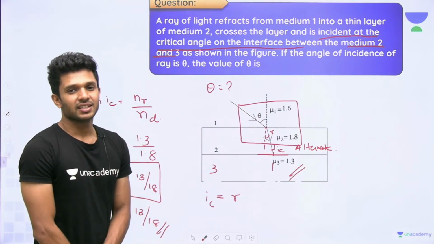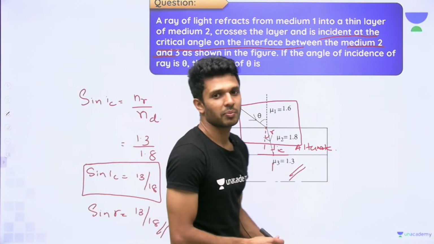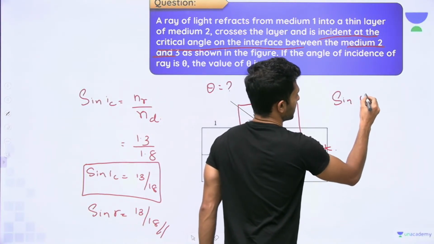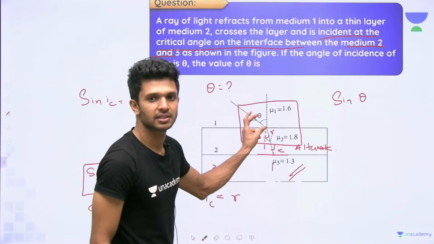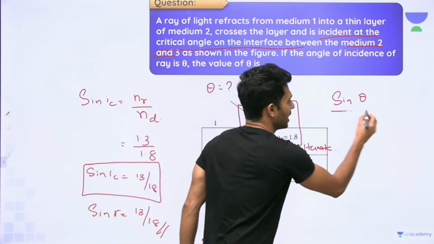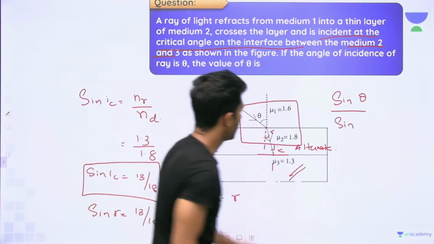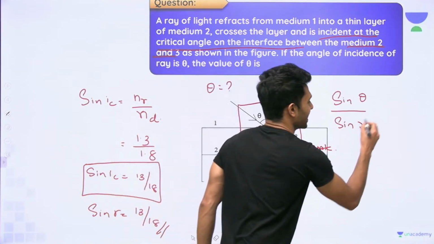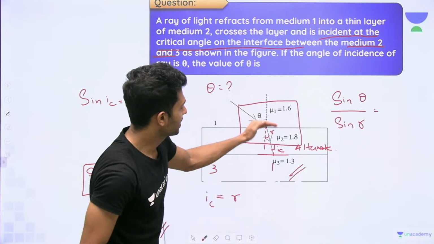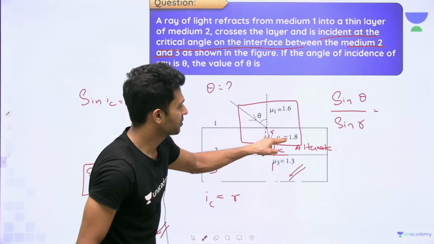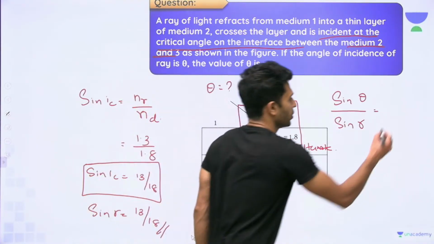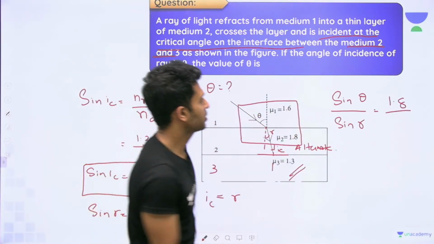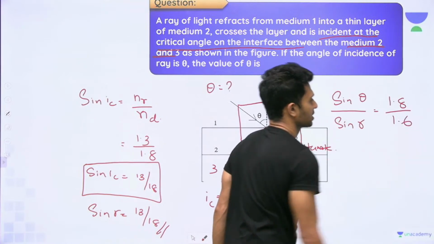Sin I by sin R is equal to N2 by N1. If you just apply it, the answer is in your hand. Sin I, what is the angle of incidence? Theta. By sin R, what is R? R itself. Is equal to refractive index of second medium. What is the refractive index of second medium? 1.8. Divided by the refractive index of first medium, 1.6.